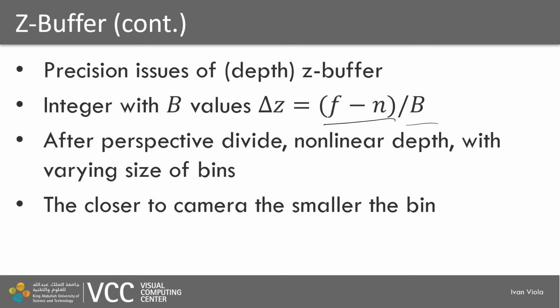Therefore, this will lead to an actually favorable condition where closer to the camera, the bins are smaller, and the further away from the camera, the bins are becoming bigger. So this is useful because for close objects, we have a relatively high fidelity of the Z buffer, while for objects which are further away, we have a rougher resolution available.